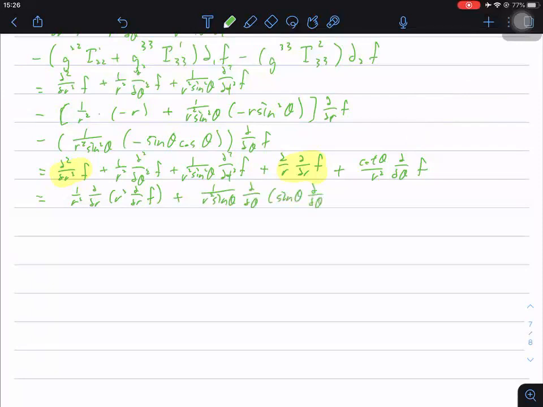So taking partial derivative of sine theta, we have cosine theta over sine theta. We have the extra part cotangent theta here. And finally, we have this one. Okay, so now we derived the Laplacian of f in spherical coordinates rather quickly.